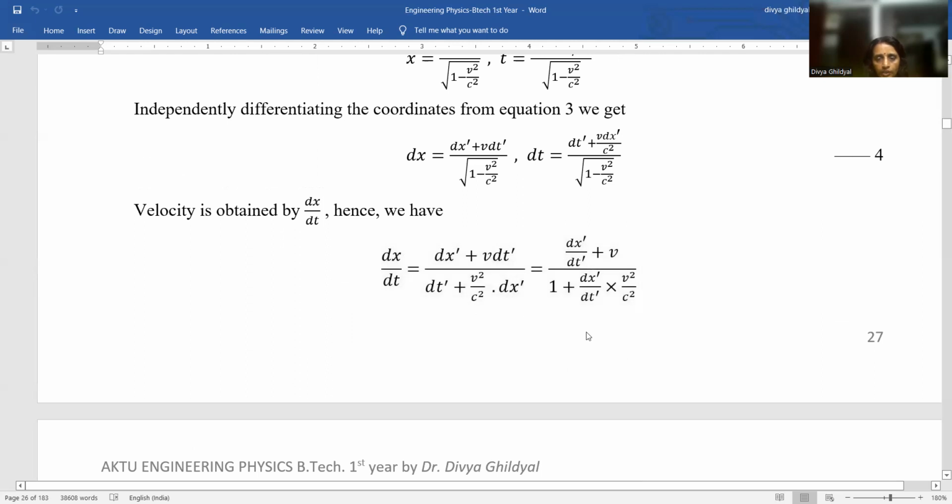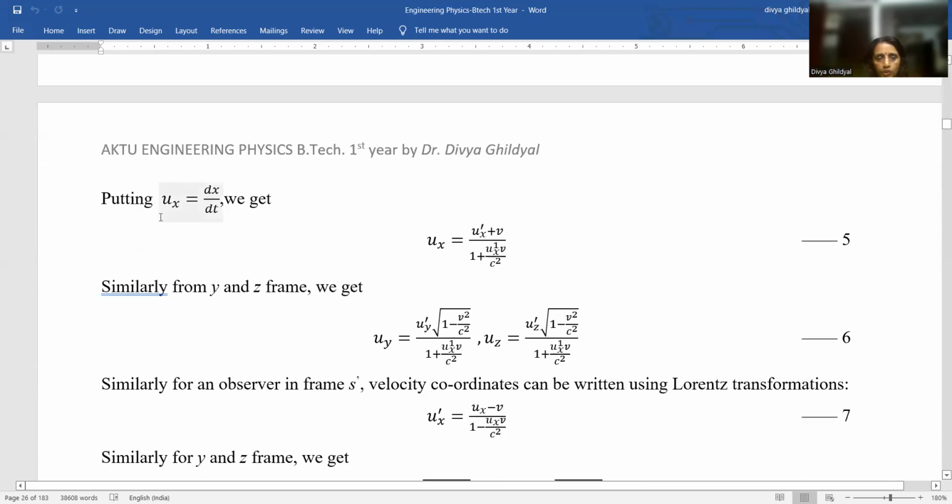We simplify it further and put ux equal to dx by dt, and we get ux is equal to (ux dash plus v) upon (1 plus ux dash v by c square). Similar expressions will be obtained for y and z.